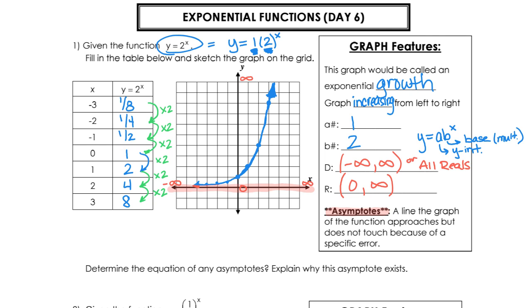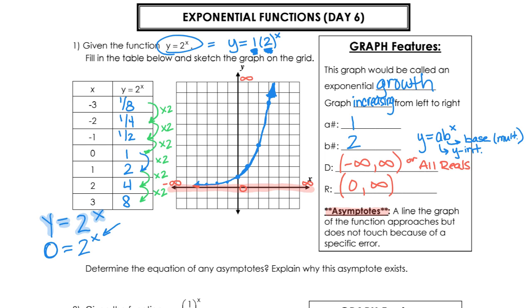The reason that is, is that if we wanted our y value to become 0, and this is our equation, right? y equals 2 to the x. If we want our y to become 0, what would x have to be in order for that to happen?